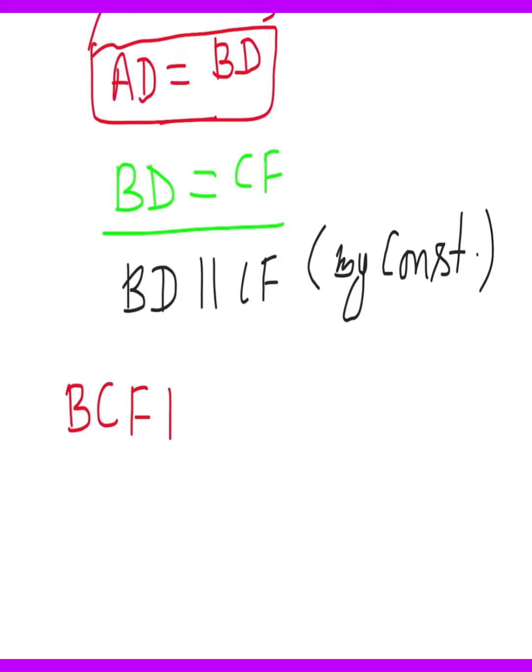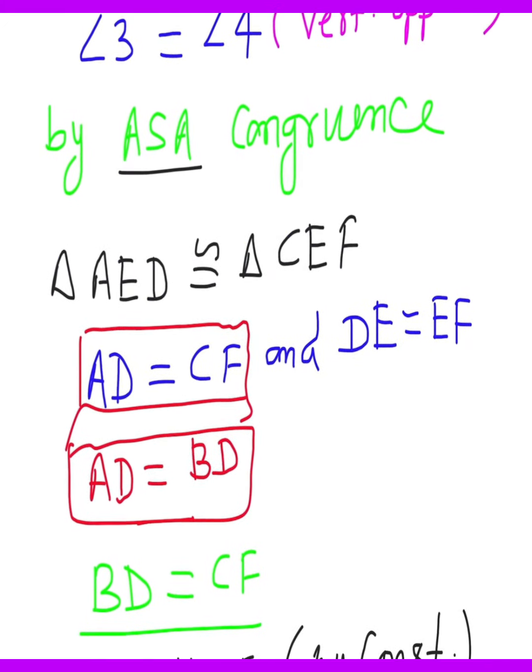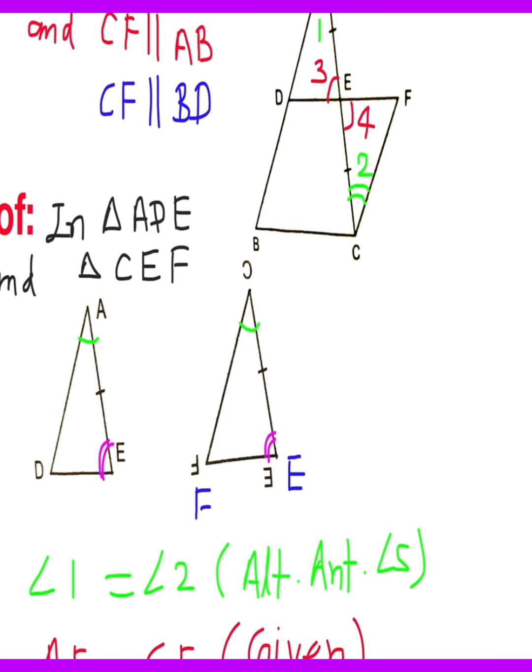And if BCFD is a parallelogram, then you can say in this diagram also that DE is parallel to BC, and BC equal to DF also, because these are the opposite sides of a parallelogram.